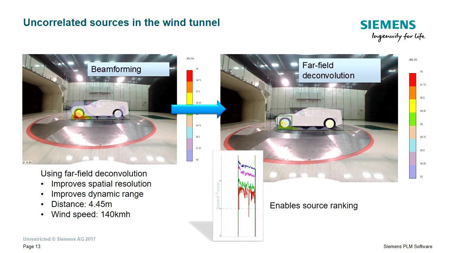So we can more accurately locate sound sources there with a better spatial resolution and also a better dynamic range. They're both 10 dB dynamic range. On the right, you can also see that we draw a rectangle around the wheel, and we can actually quantify that, so we can estimate the sound power of that component, and we can rank them in plots like you see here on the inset.